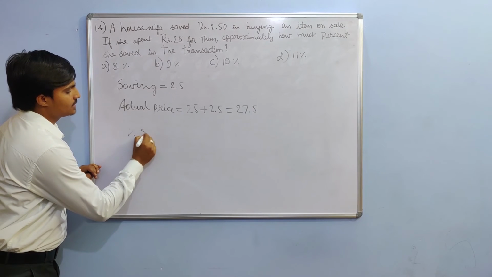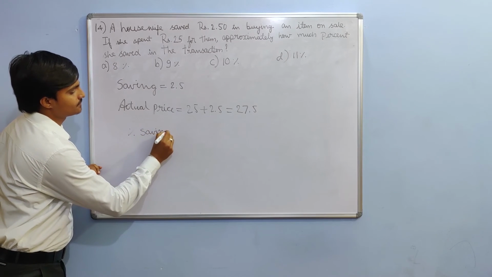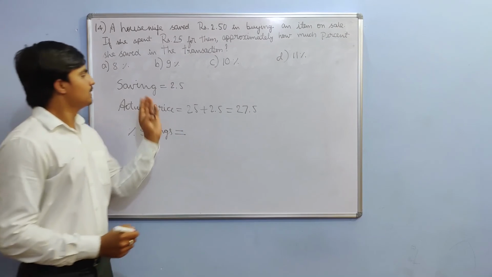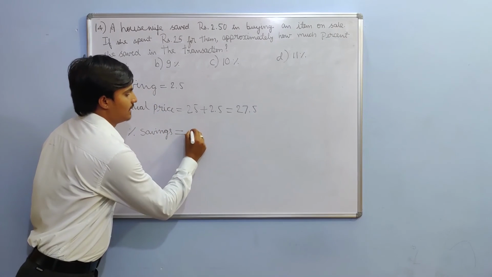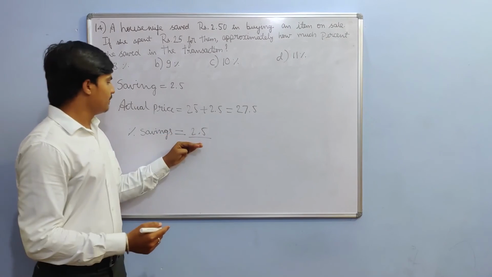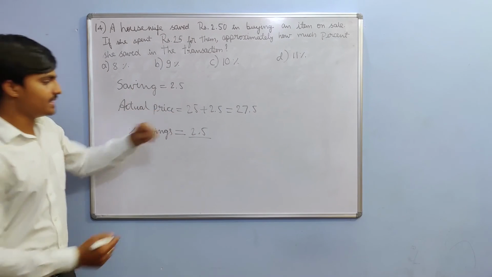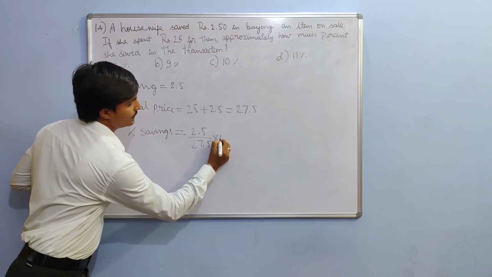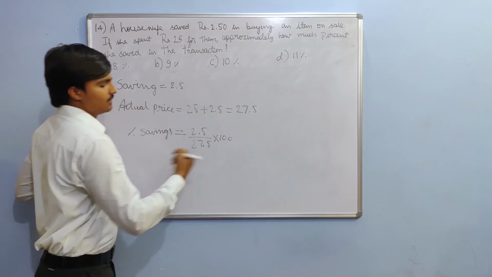That is percentage savings is equal to, our savings is 2.5 rupees, which comes in numerator, and in the denominator actual price is 27.5 into 100.